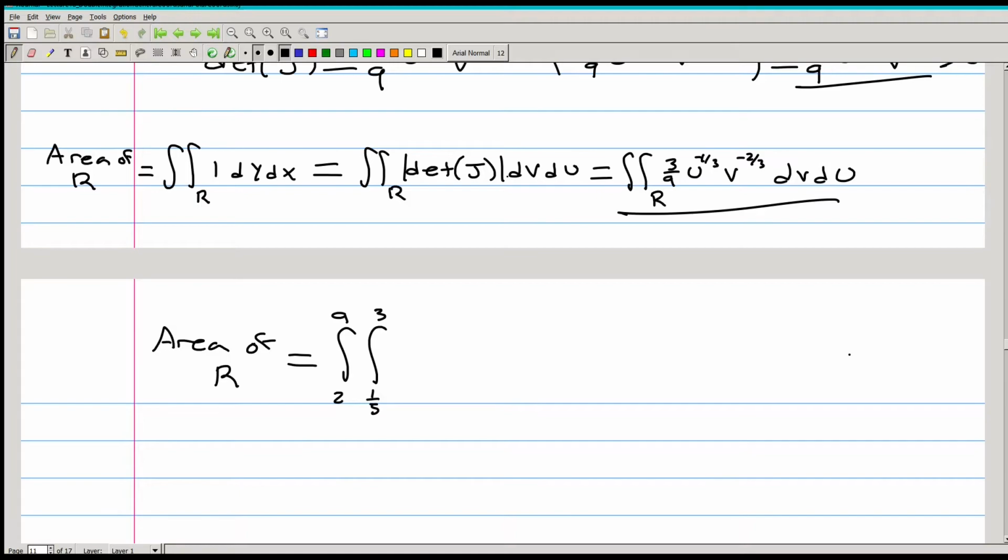And this is the double integral of 3/9 u to the -1/3 v to the -2/3 dv du.